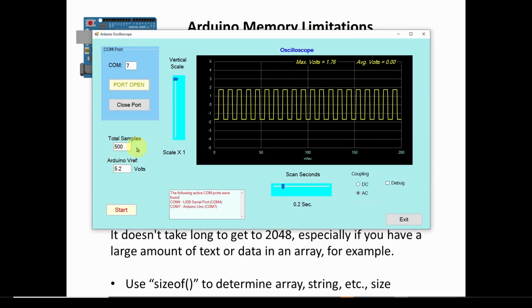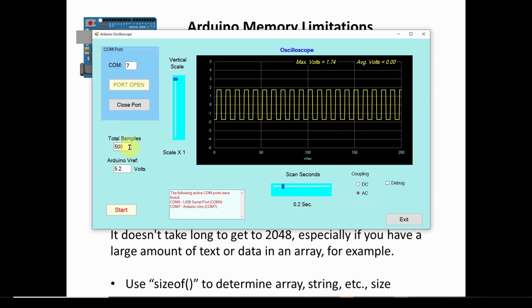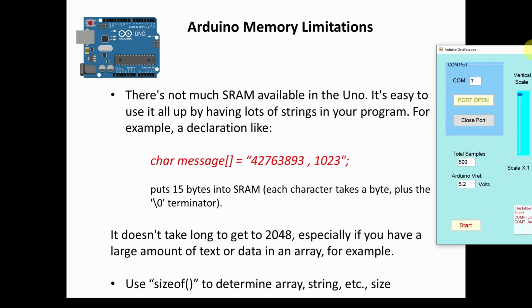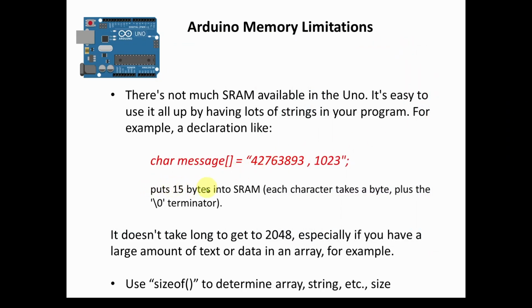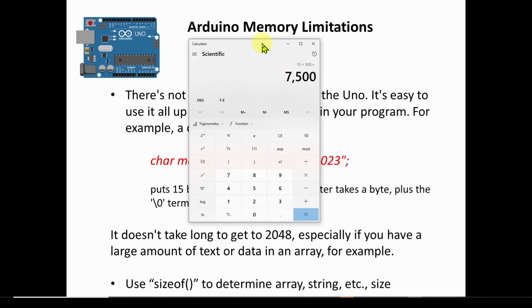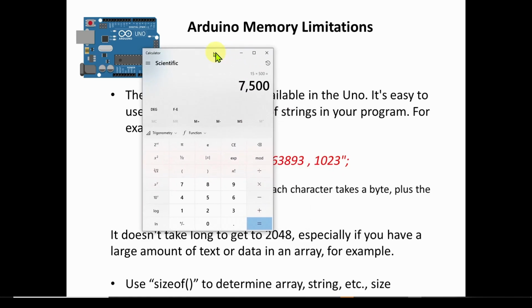As you may notice, we're doing 500 samples. So how are we going to do 500 samples if it's 15 bytes per sample? If you do the math, 15 times 500 samples, that's already 7,500 bytes.